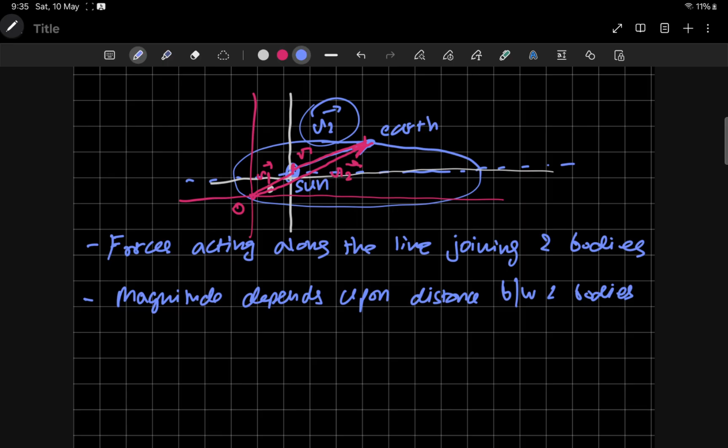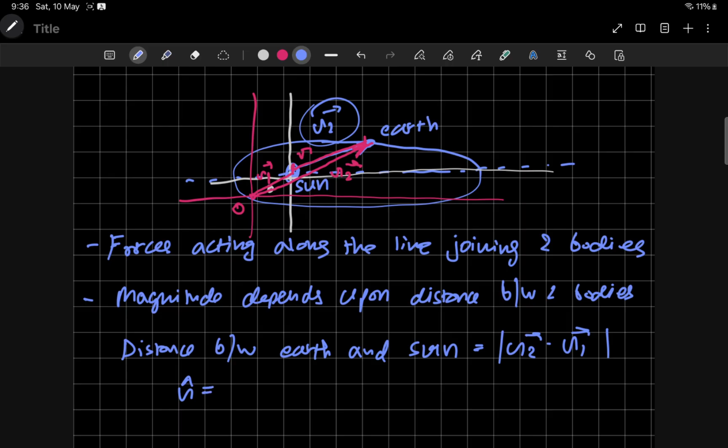So in vectorial form, we know that the distance between Earth and Sun is the r2 vector minus r1. So the magnitude will be just that, and you can also define a unit vector.